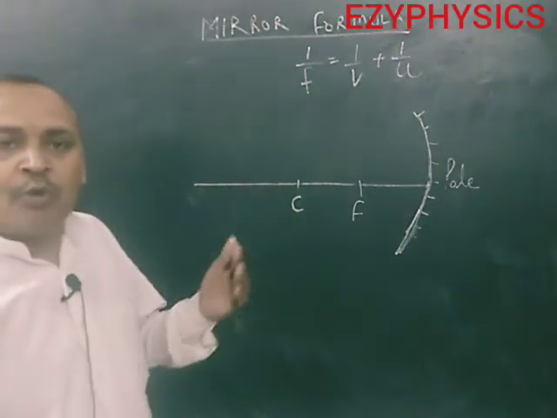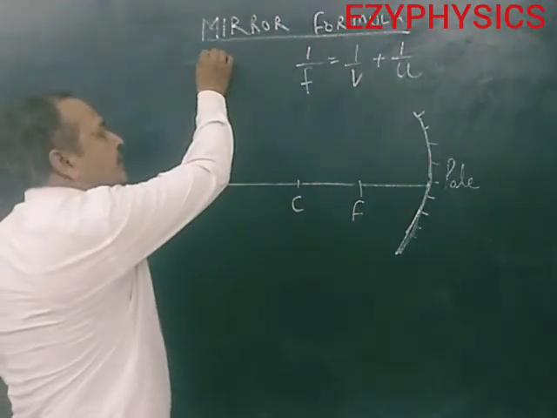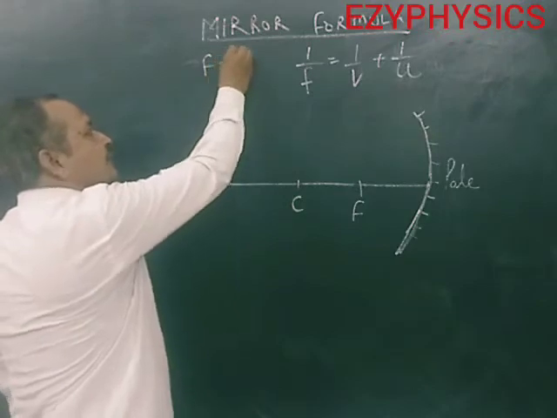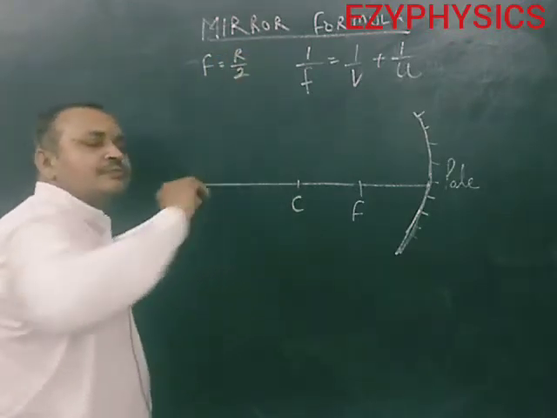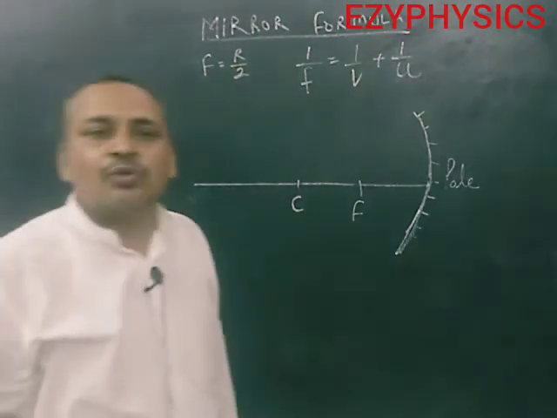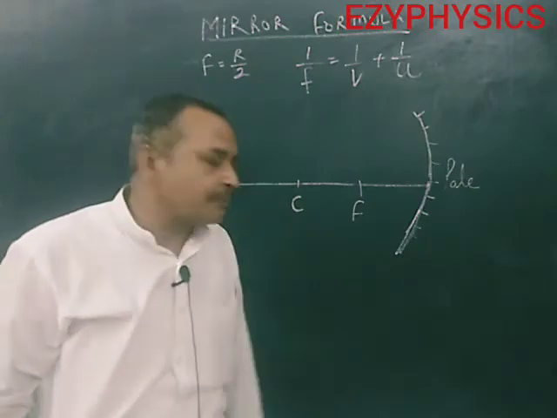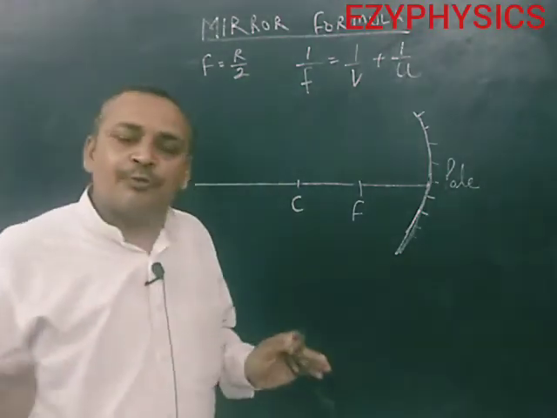And we all know that the relation between them is that F is equal to R by 2. F is equal to R by 2. This article also we have done earlier. Now let us draw the diagram.